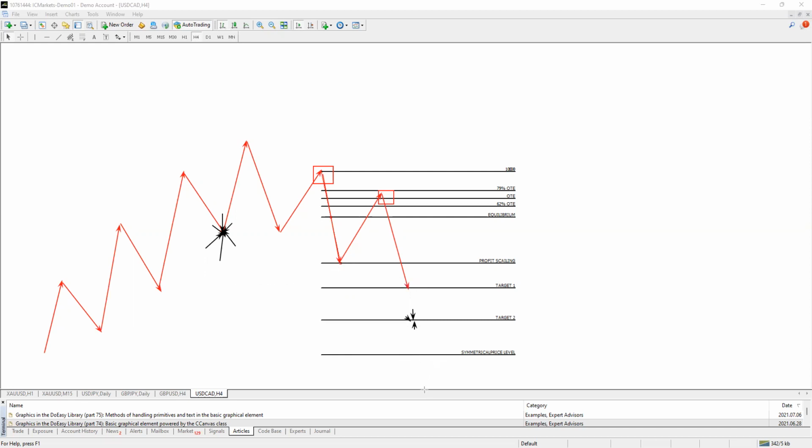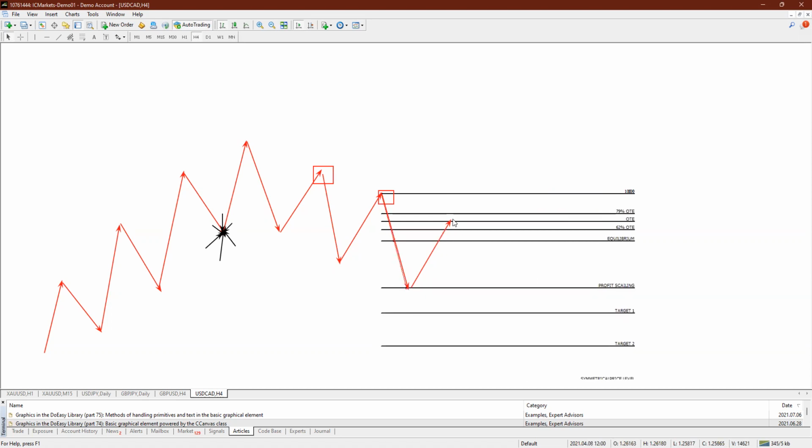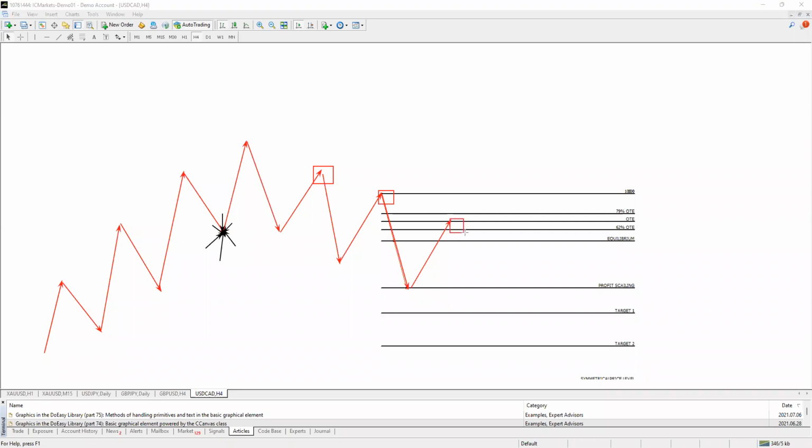So the same concept, right? It's the same concept. So price maybe returns somewhere here, then I take my other Fibonacci from the high to the low, and price maybe, if I find a setup. It's all about finding the setup, okay, the breaker and stuff.